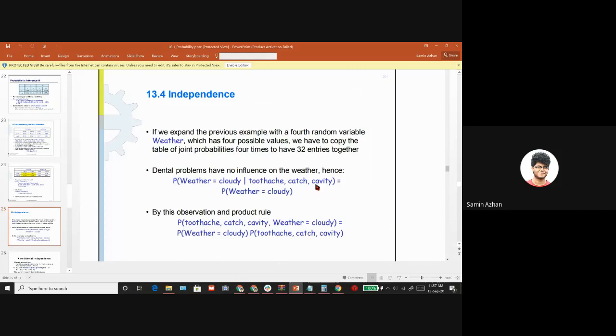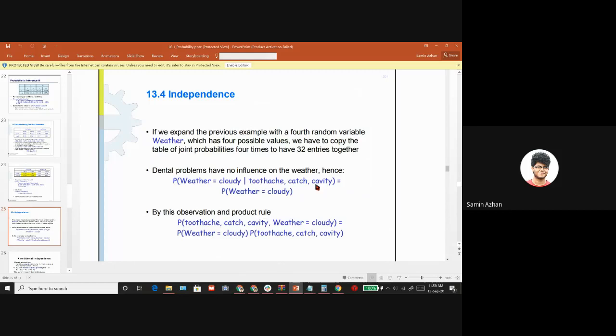And weather doesn't even matter in most cases. So if we can identify an independent variable, so weather here is independent of toothache or catch and cavity, the other three variables, we can neglect or omit that to reduce our data size.